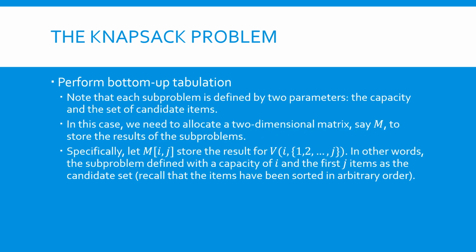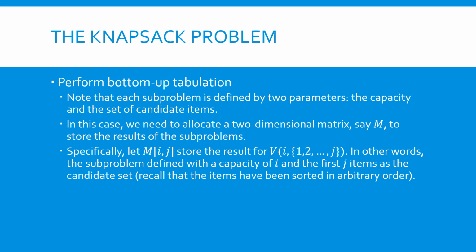With the recursion function defined, we will now design the bottom-up tabulation process. First, note that each subproblem is defined by two parameters, the capacity and the candidate set. As a result, we need to use a two-dimensional matrix, say M, to store the results of the subproblems, with one dimension for each parameter.